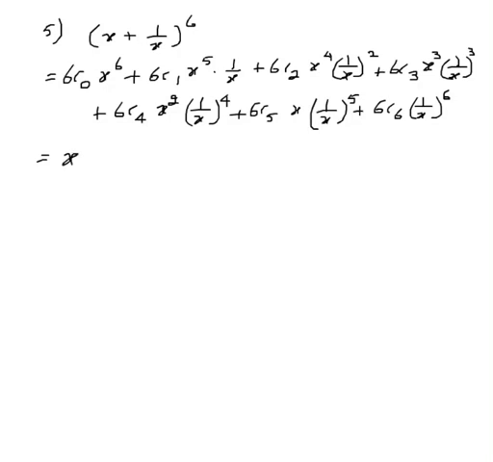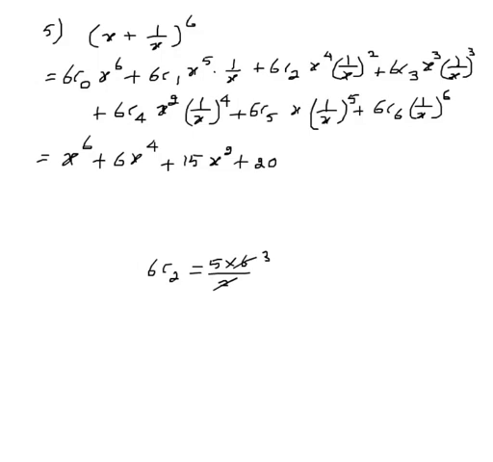6c0 is 1. So the first term is x raised to 6 plus 6c1 is 6 and cancel x, so it becomes x raised to 4. 6c2 is 6 factorial by 2 factorial times 4 factorial. Cancel 4 factorial, 5 times 6 by 2, which is 15. 15 x square plus 6c3 already we calculated in the previous question.